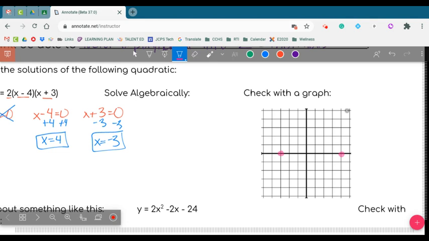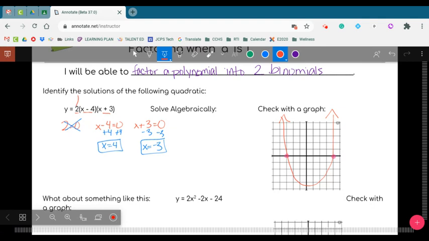If you type it into the calculator exactly like you have it, the only thing you really need to know is which direction it's going. In this one, I can tell you it's going to be going up, so you're going to have a min. It's going to go all the way down and then back up, and the reason why is because my A value, or this number in front, is not negative.